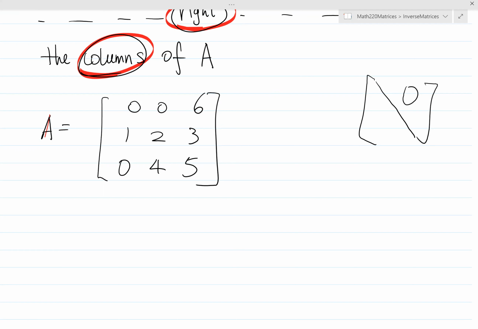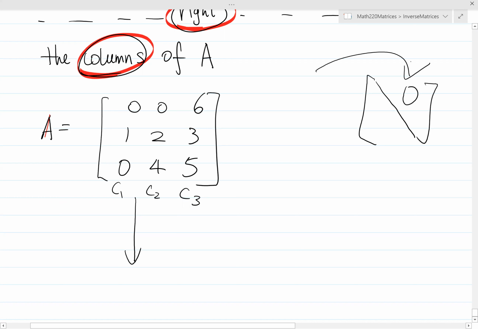So this is C1, C2, C3. We need to move the zeros to the right upper corner of this matrix.